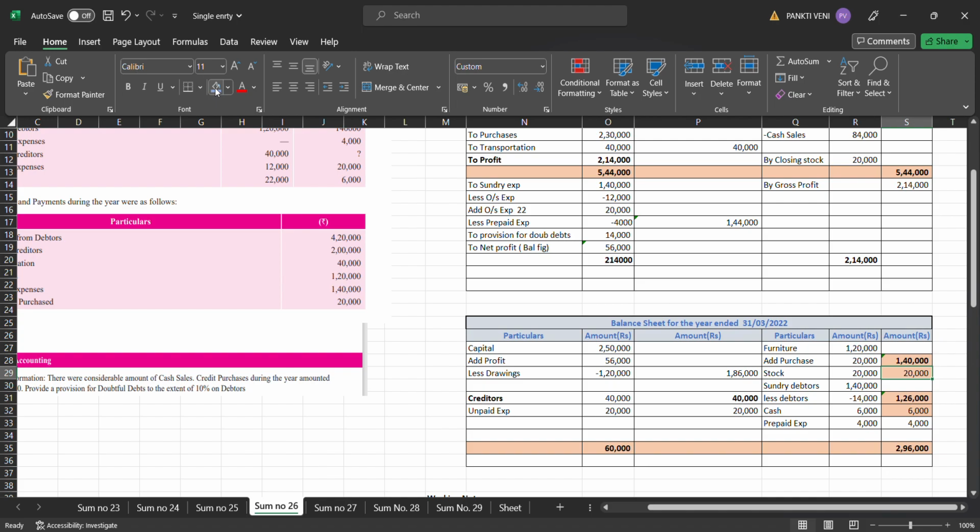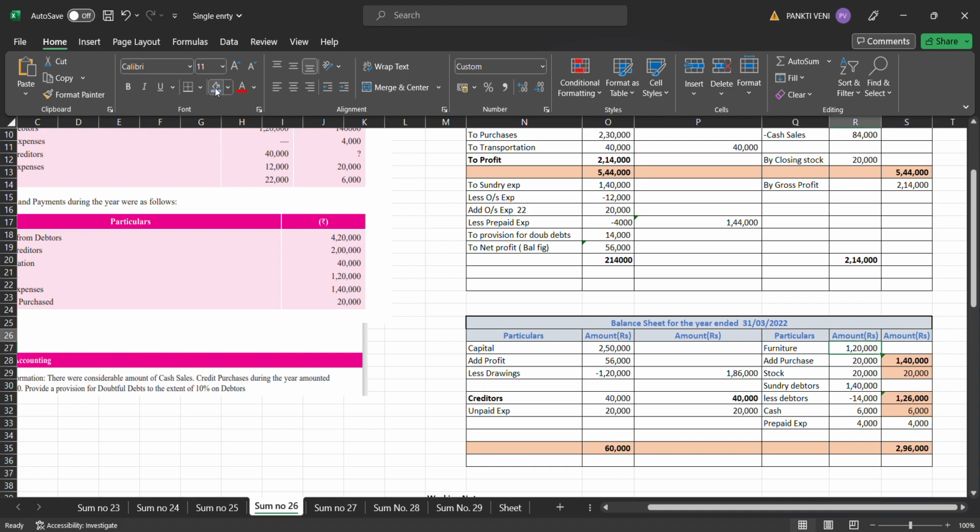I've done something wrong. Closing stock is 20,000. Add purchases 1,20,000 to that 20,000, 1,40,000. Then closing stock I have 20,000.